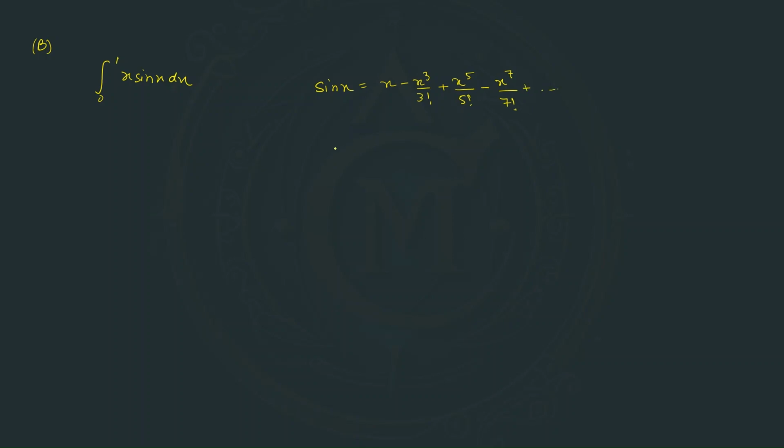So we can say by the same logic that sin x is less than or equal to x if x is greater than 0, and then sin x is always greater than or equal to x minus x cube by 3 factorial. Similarly, sin x is less than or equal to x minus x cube by 3 factorial plus x to the power 5 by 5 factorial and so on.